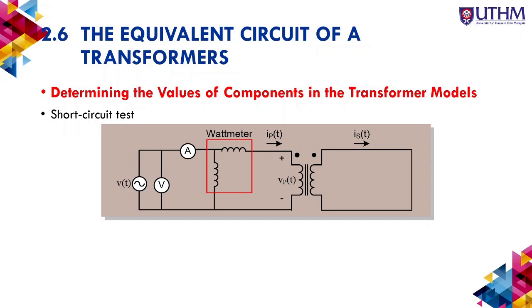Why not at the secondary side? Ada siapa boleh jawab? Ada siapa nak tembak ke? Boleh lah, cakap lah sikit. Sebab semua duduk kat primary. Tak, kenapa kita kena letak voltmeter ni dekat primary side? Kenapa tak kat secondary side?